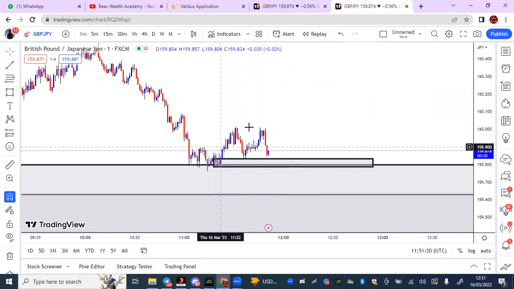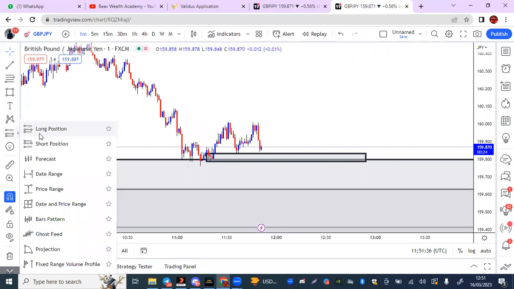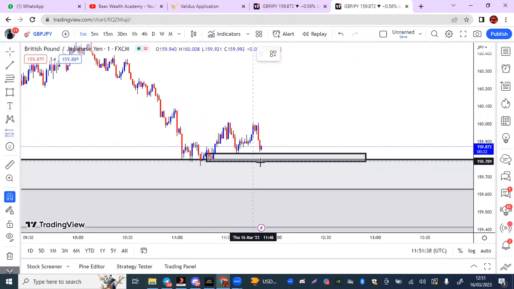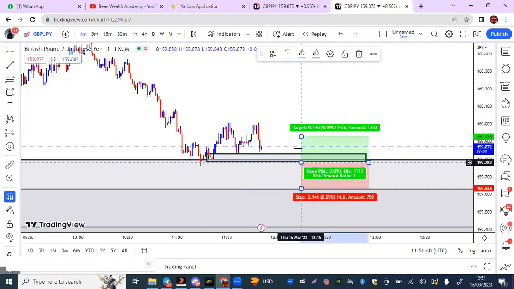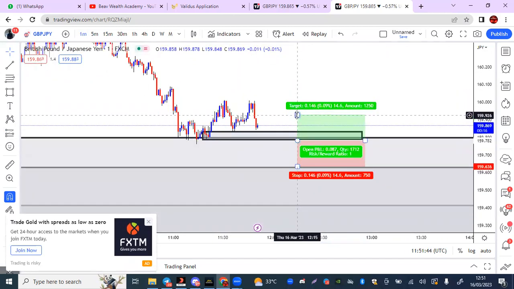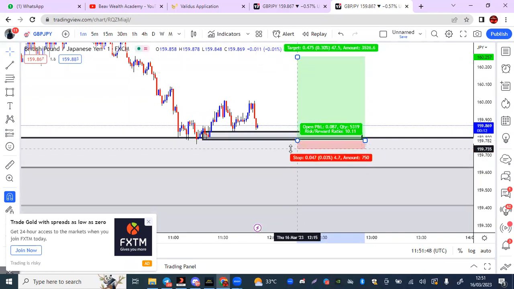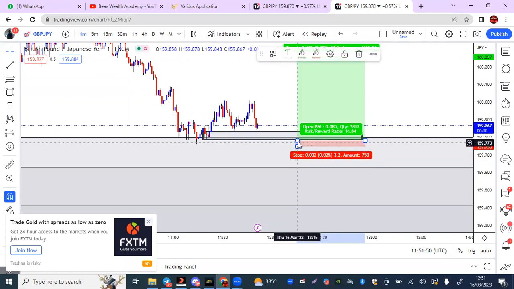Actually, it has. So guys, we'll be looking out to sell from anywhere here, and this will be our trade setup. We're going to put our stop loss just a little below the distal line.